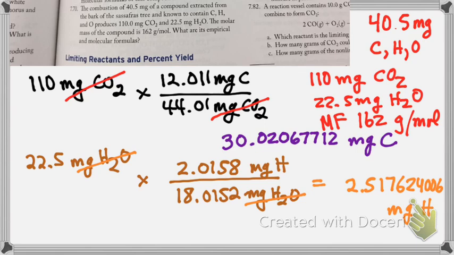Now I can calculate how much oxygen I have. That's going to be 40.5, because that's the total mass of the compound I have, minus 30.02067712 minus 2.5176624006.